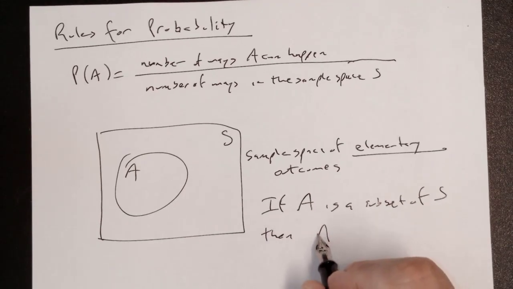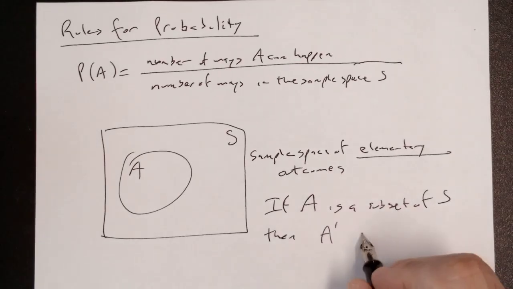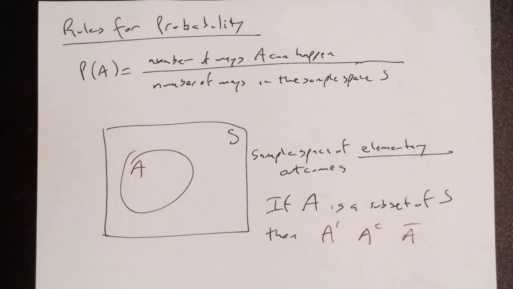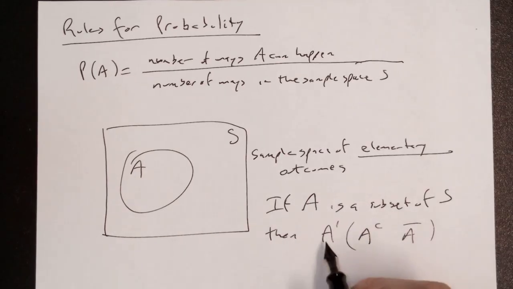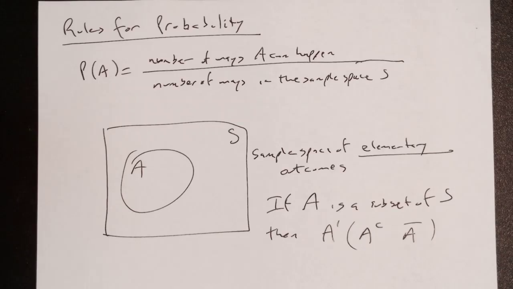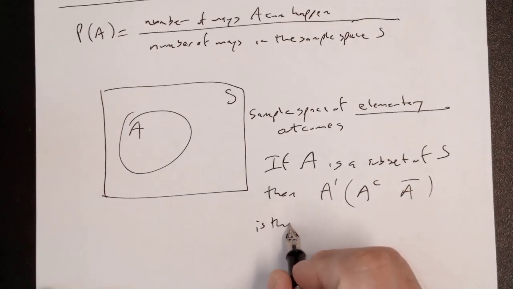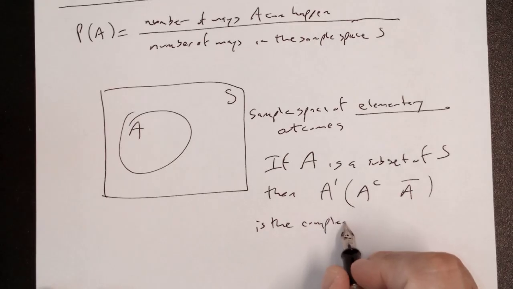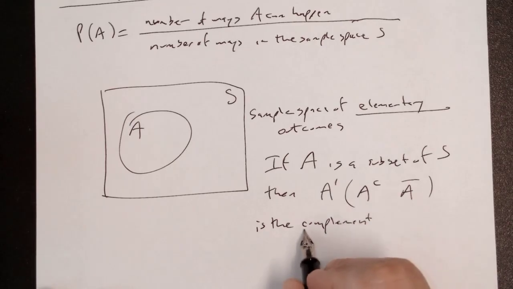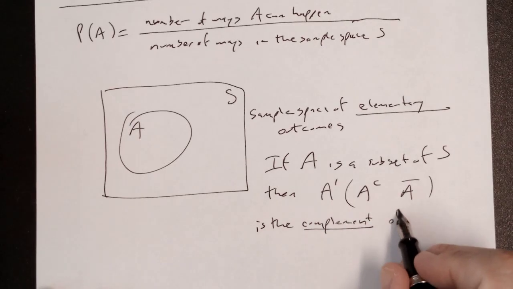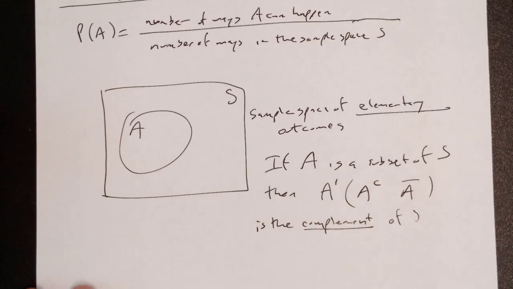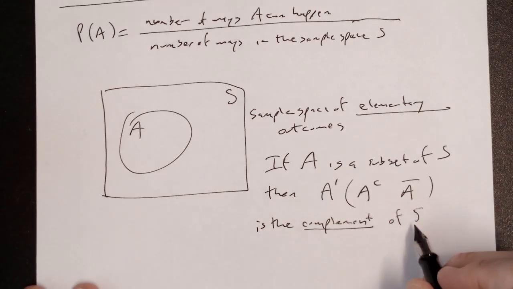Then I'm going to write A prime. Sometimes it's written A with a little C up there. Sometimes it's written A with a bar over it. But I believe our textbook only uses this A prime. It is the complement of A, and it's all the rest of it.